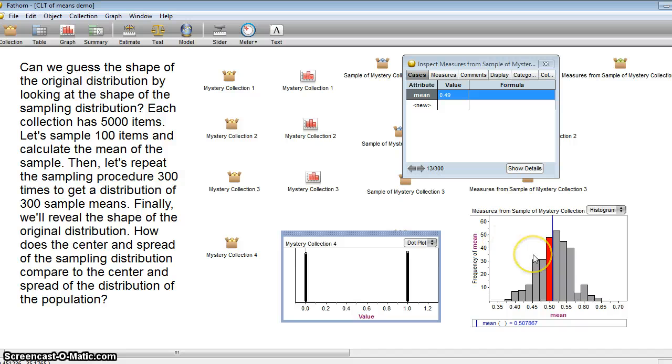So this is very interesting. The mean is still about 0.5 for both of these, and clearly the spread is much smaller. Here we have a spread of 1. Here the spread goes from about 0.37 to about 0.65.